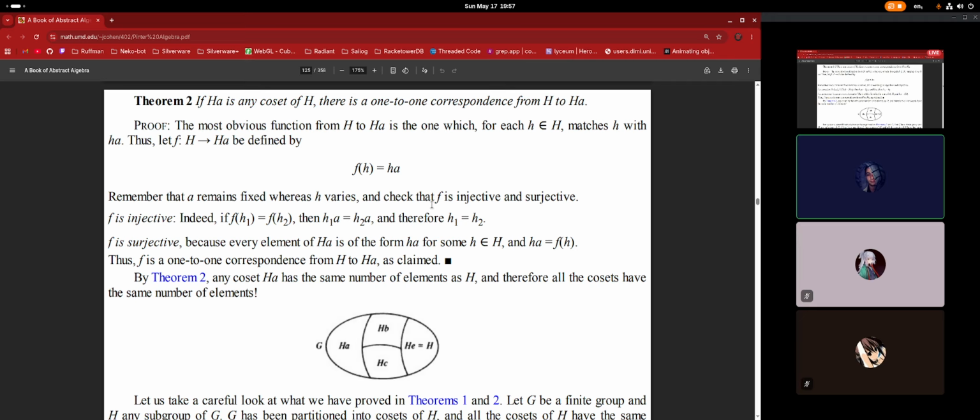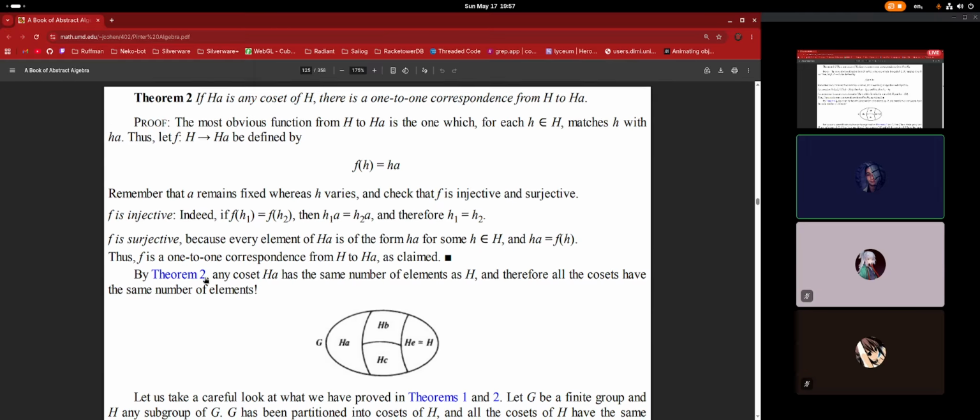If f applied to two elements gives you the same image, then they are the same element in the domain, and that's exactly what is written here. So everybody will be different: if the values of the domain are different, the images will be different. And next, it's surjective, because every element of Ha is in this form for some h in H, and f just does the multiplication. Thus there is a one-to-one correspondence from H to Ha, as claimed.